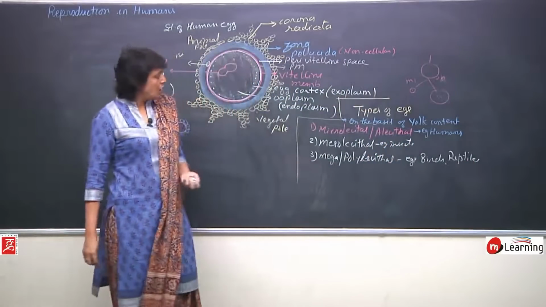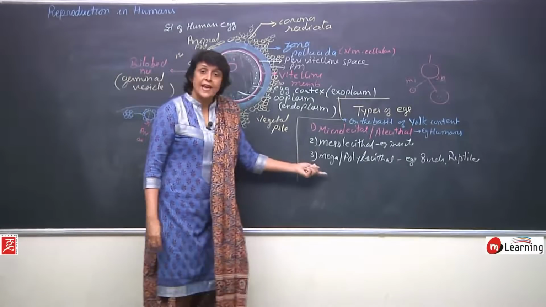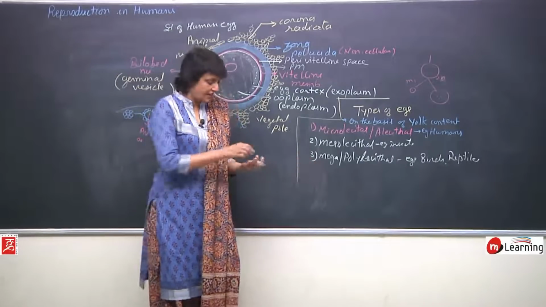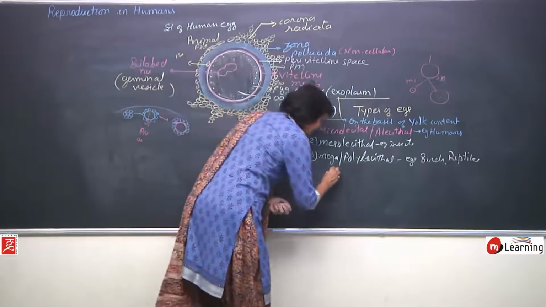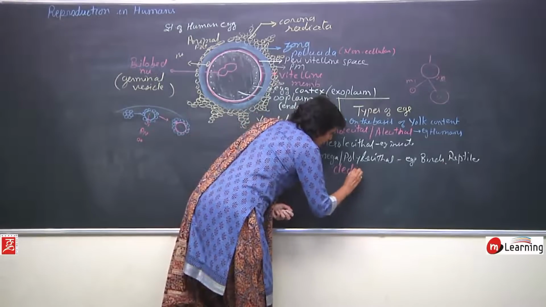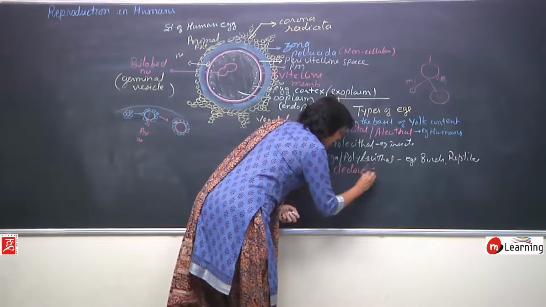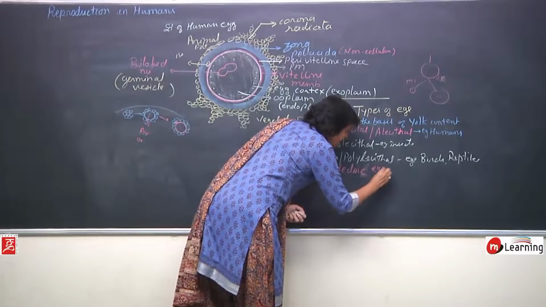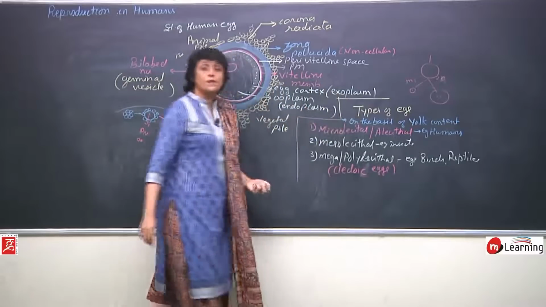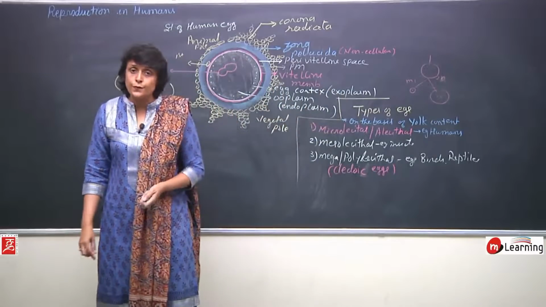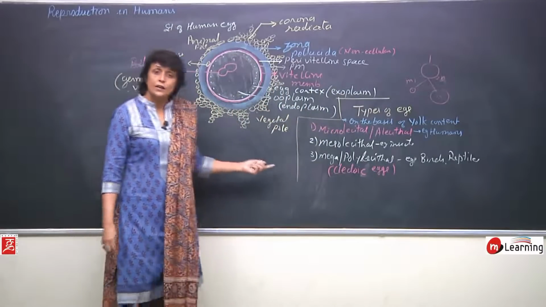So, megalecithal or polylecithal, such eggs are self-sufficient eggs, and they are also known as cleidoic eggs. The eggs which are self-sufficient in the sense of the reserve food material are called cleidoic eggs.